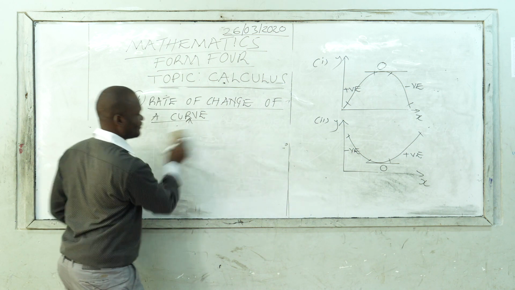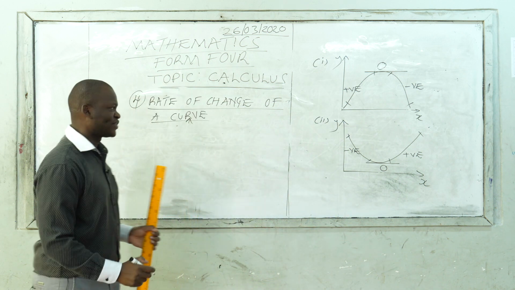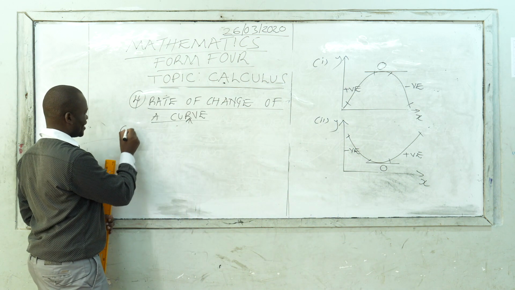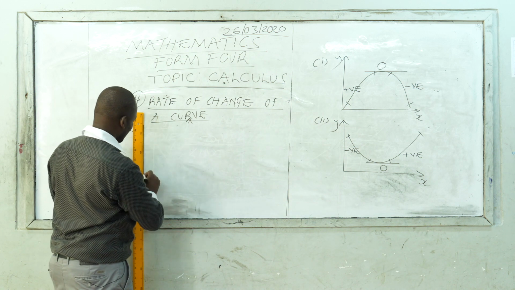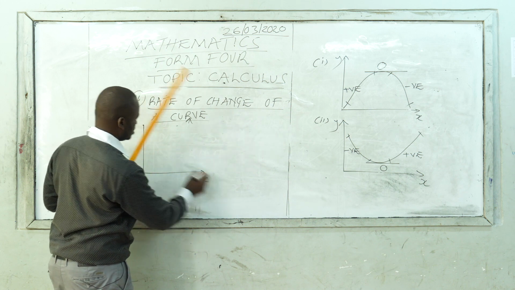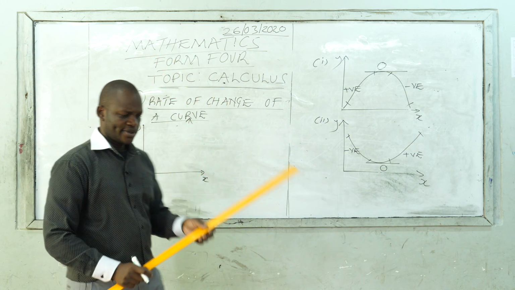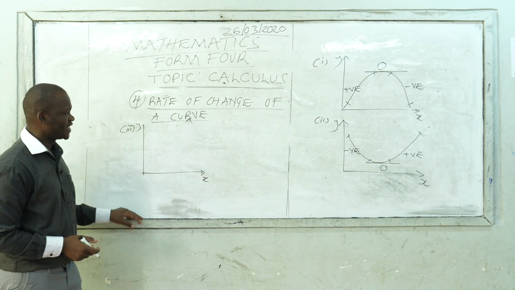Now, our third variation will be something like this. We have Roman 3. So, y-axis, x-axis. Now, this is how we can have the variation.